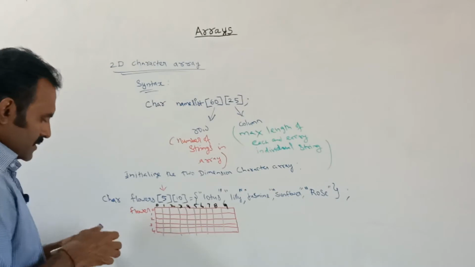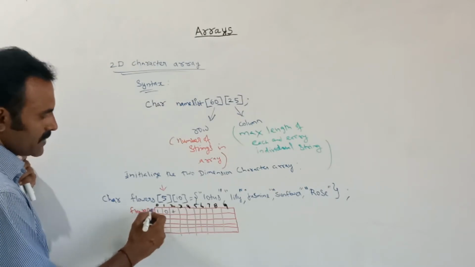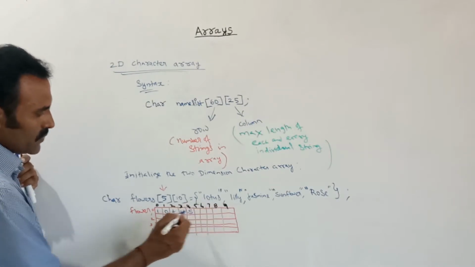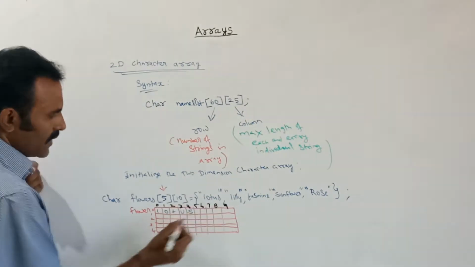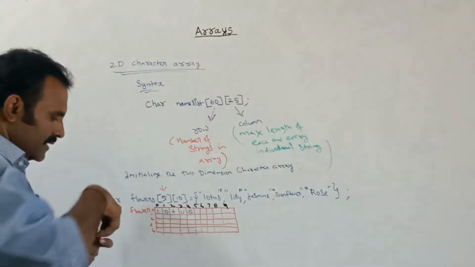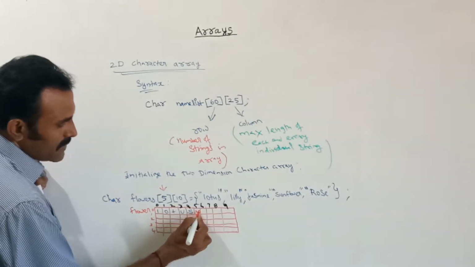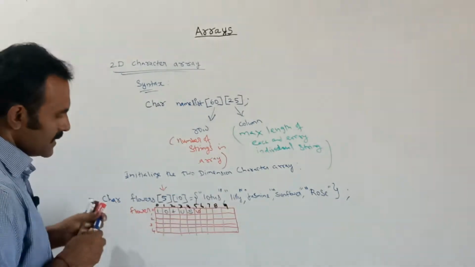Here lotus. While storing the string, in the 0th row we are storing the name lotus. It has totally 5 letters. At the end of the position, the \0 is assigned by the system. Next name, this one is lily.